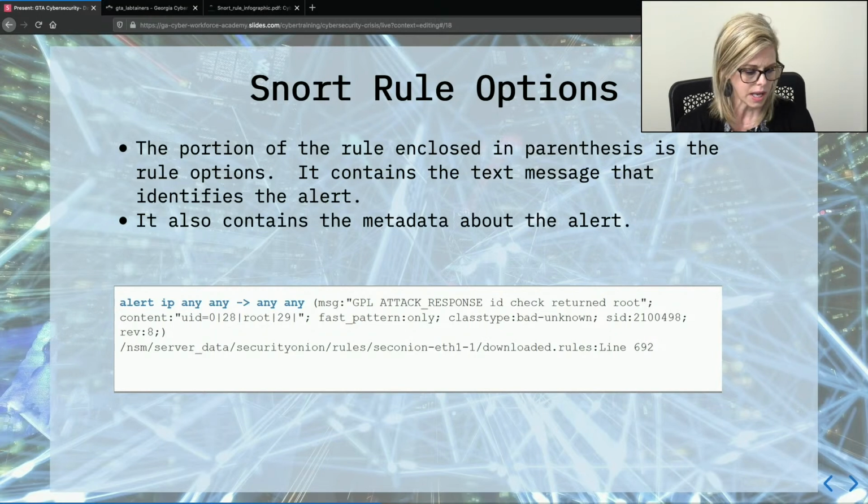Snort rule messages can also include the source of the rule, and there are 3 common sources. The older rules created by SourceFire are going to be labeled with GPL. The GPL rule set is not Cisco Talos certified.